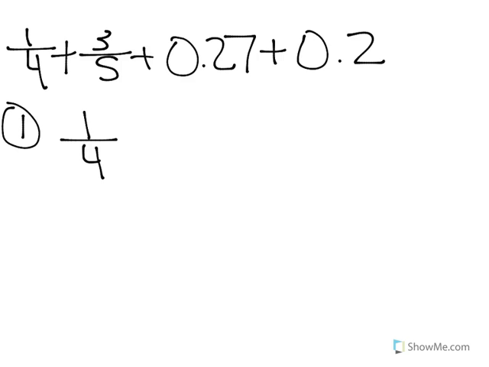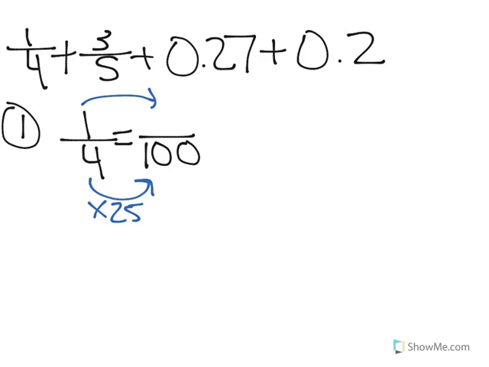So I have 1/4 and I'm going to convert it to a decimal by using equivalent fractions with the denominator 100. I know that 4 times 25 is 100, 1 times 25 is 25, so my decimal is going to be 25/100.